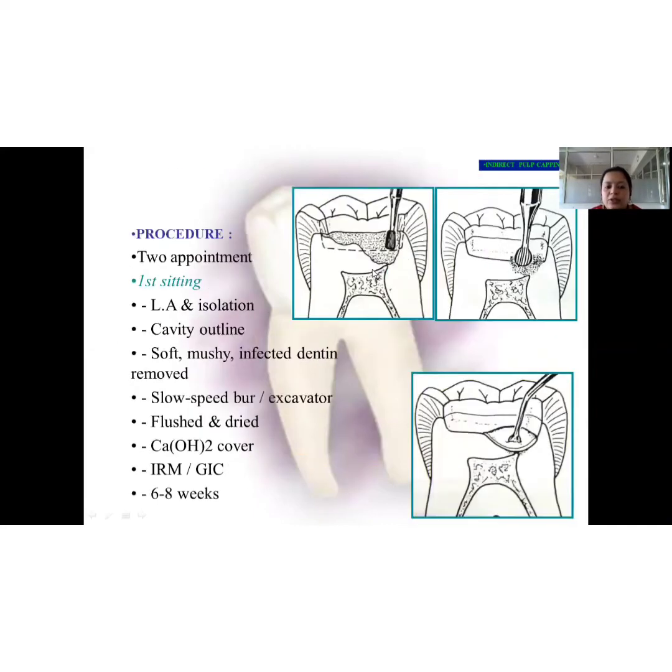So basically, the two appointment system: the first appointment is to remove the infected dentin layer and place the medicament over the affected area. And again we re-enter, we again remove the soft portion, and then again we place a medicament.